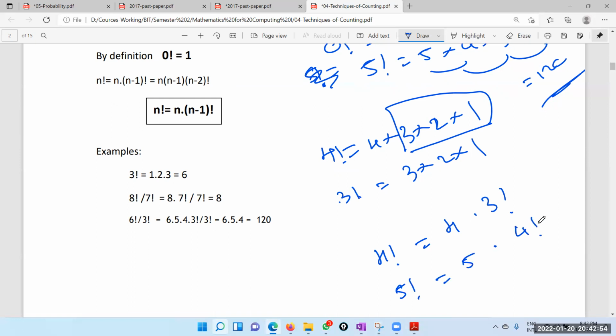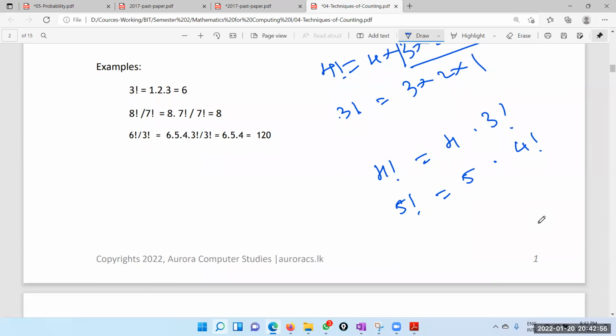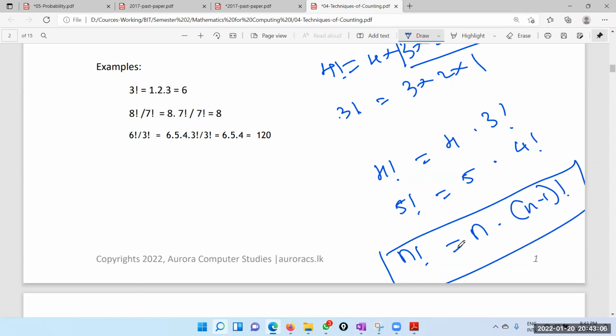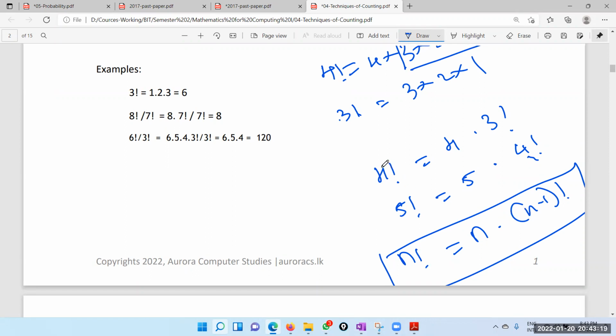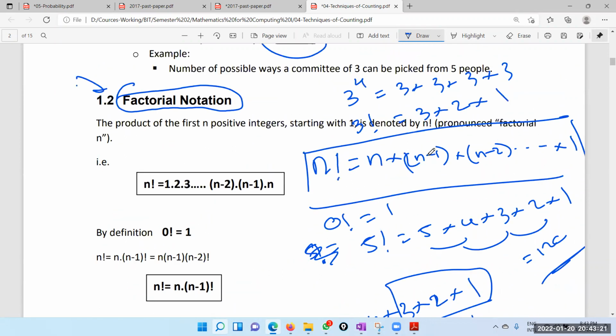So we have another interesting thing that you can use: factorial n is n into factorial n minus 1. That is something you have to appreciate. It's common sense. Factorial 5 is 5 into factorial 4. So factorial n is n into factorial n minus 1, and by definition factorial 0 is 1.